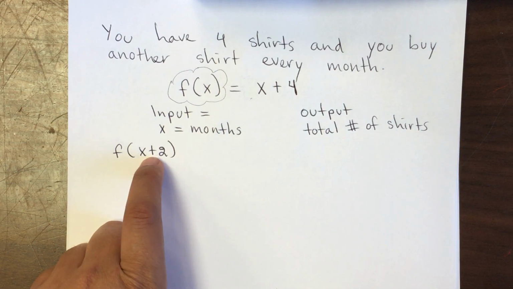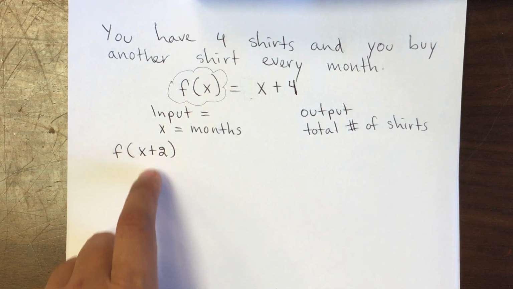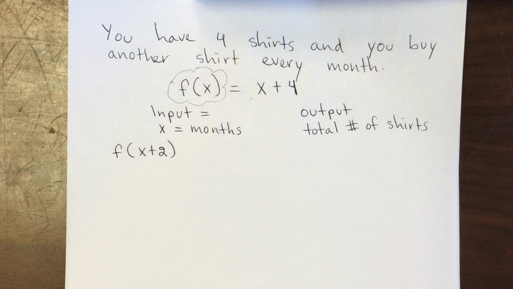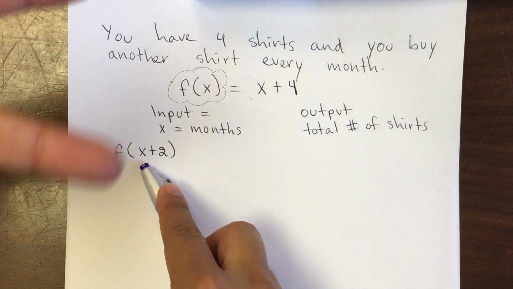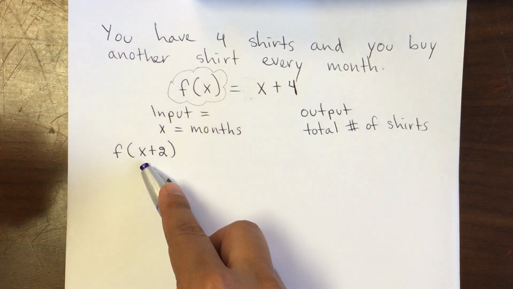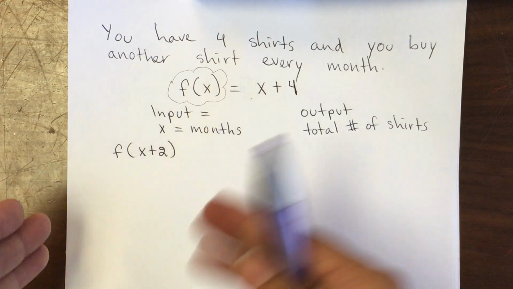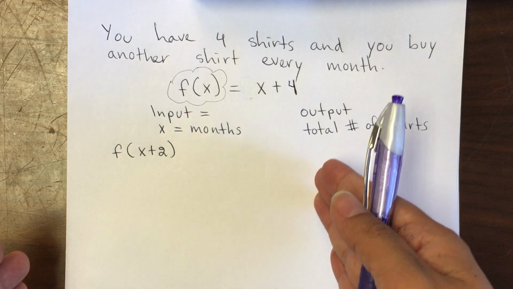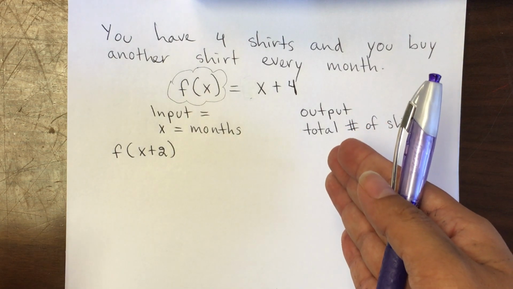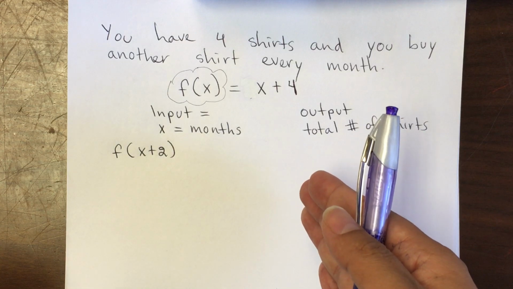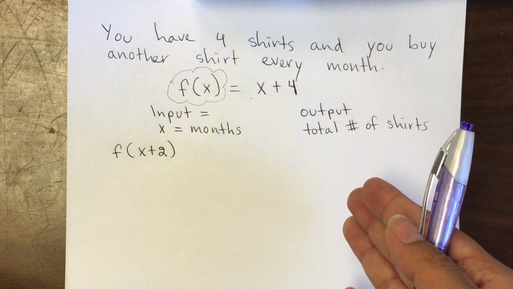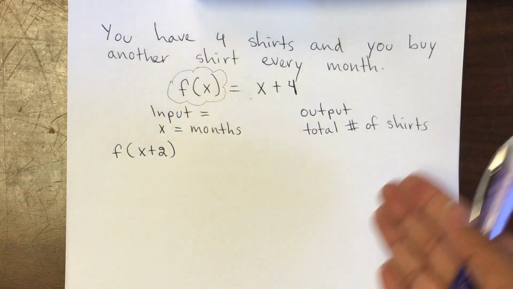This means that you're 2 months ahead worth of shirts. In 2 months you're going to be with the shirts of 4 months. In 8 months you will be with the shirts of 10 months because you're 2 months ahead.